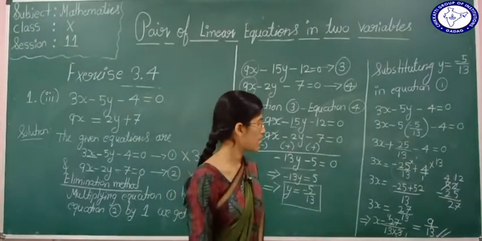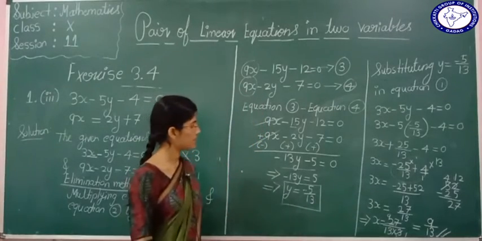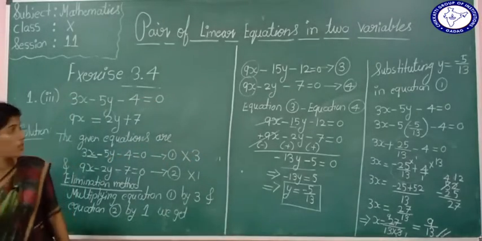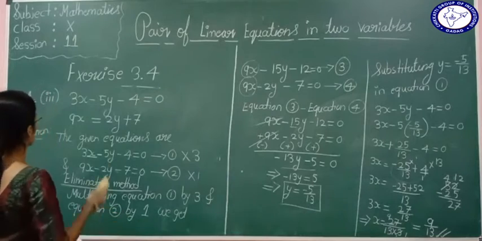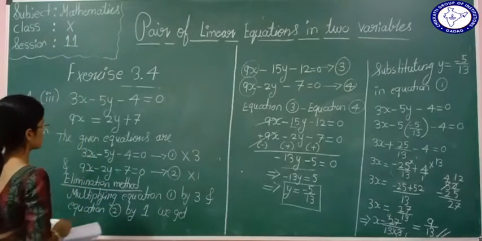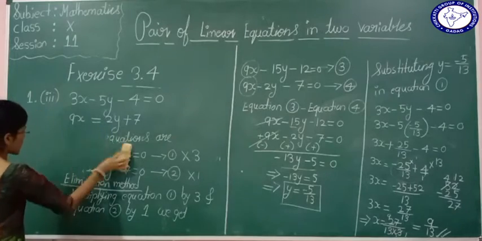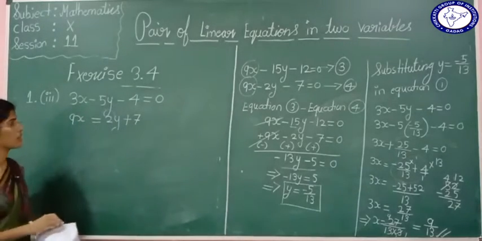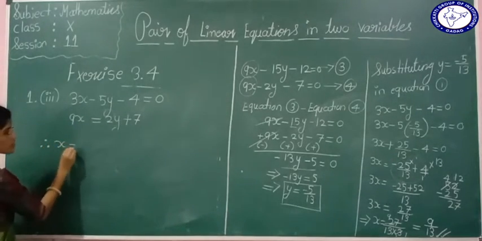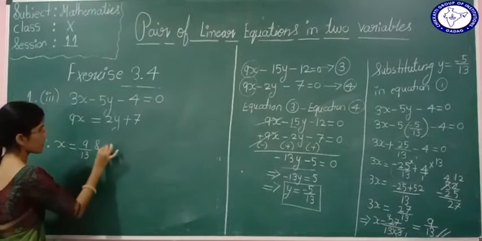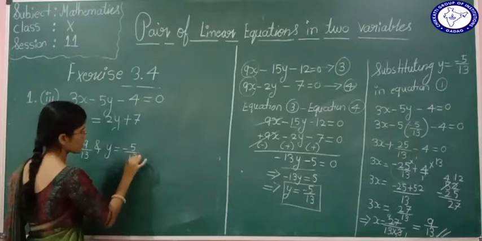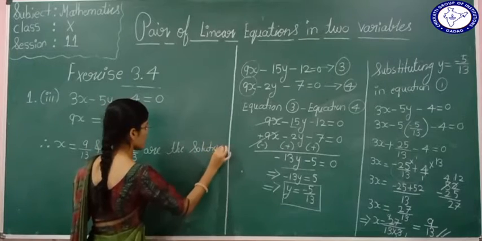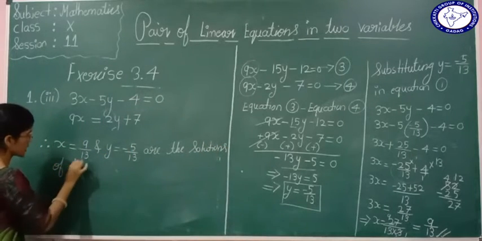Therefore, x is equal to 9 by 13 and y is equal to minus 5 by 13 are the solutions of the given equation.